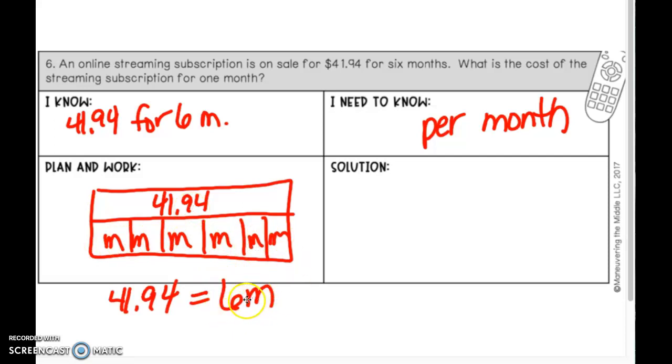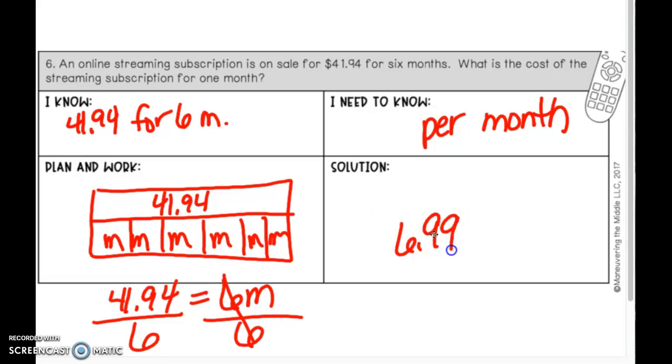To solve this, m is being multiplied by 6. The opposite is to divide. Whatever you do to one side, you must do to the other side. So $41.94 divided by 6 is $6.99 per month.